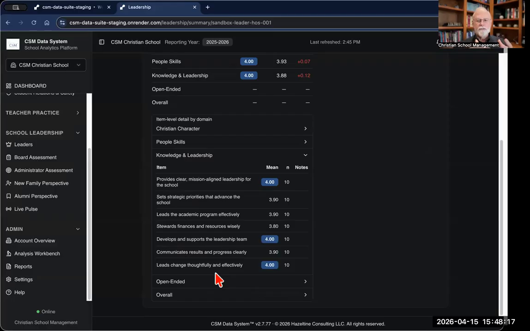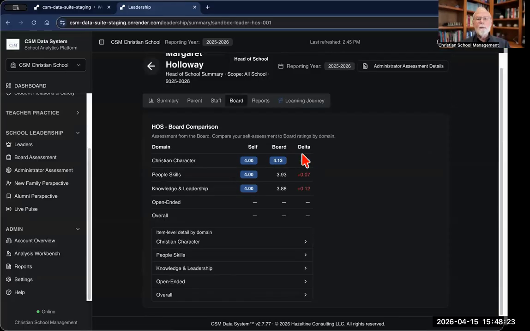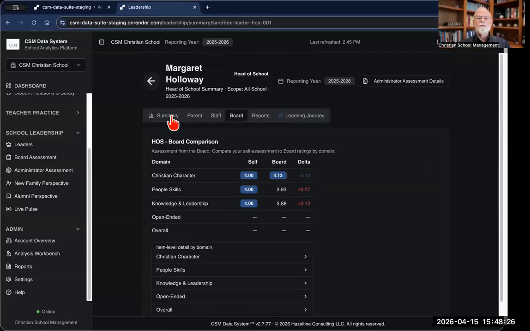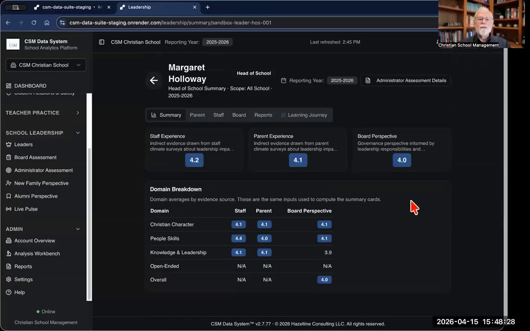So it's a different question set for the board, and that's the one that is most important. But we have all of these inputs for context. So this is what staff are saying, parents are saying. In this particular school, there's a lot of agreement here. So there's nothing to really concern ourselves with. Looks very solid across the board.